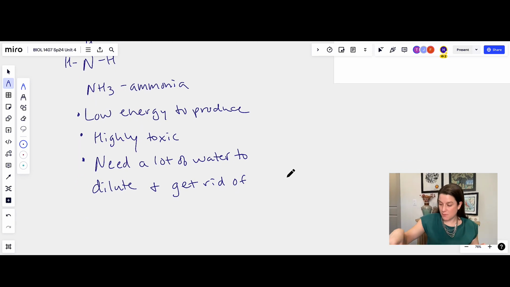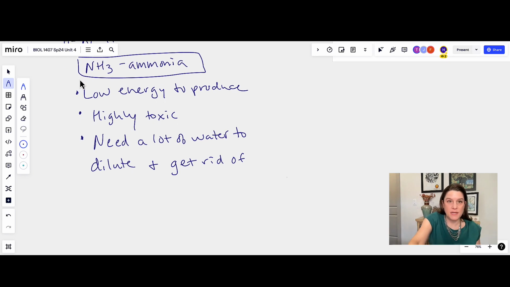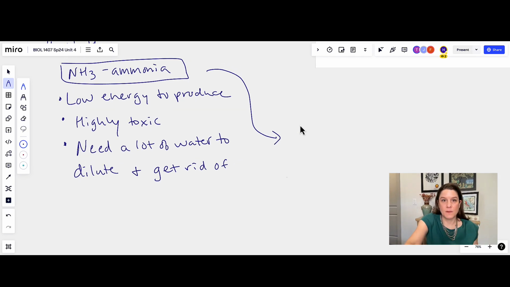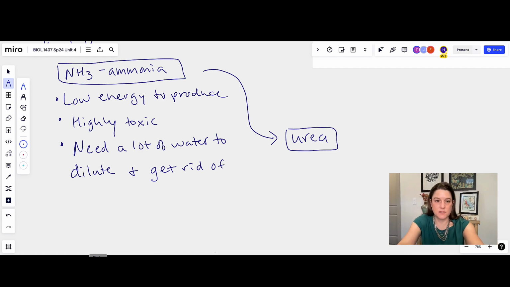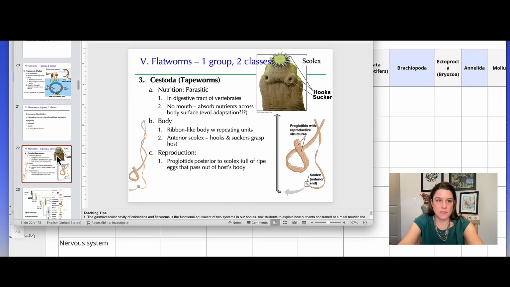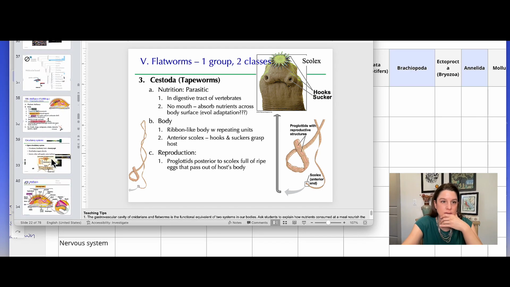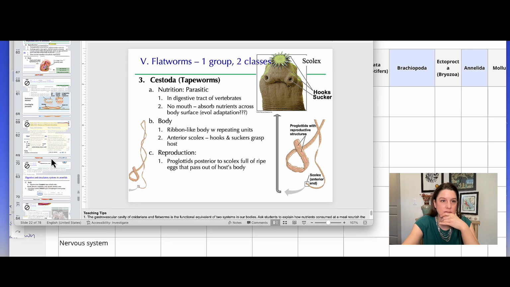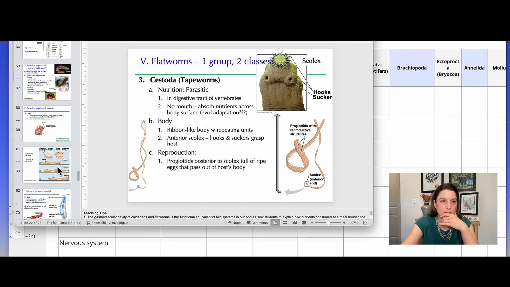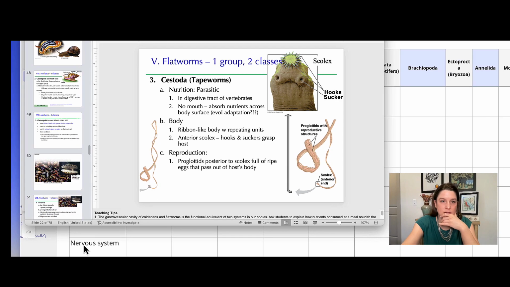Another product that ammonia can be turned into is urea. So it still has the nitrogen in it. It's just a little larger.